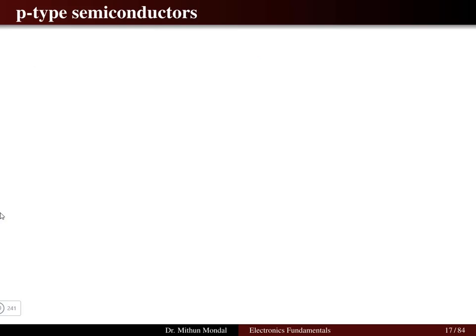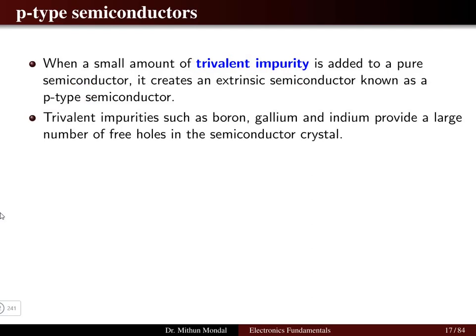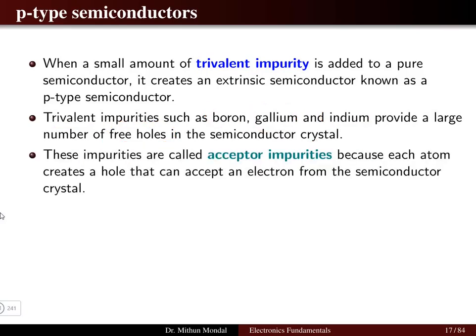Next, we'll see the P-type semiconductor. If the impurity added is trivalent, that is having 3 valence electrons, in the pure semiconductor, then the extrinsic semiconductor formed is known as P-type semiconductor. Trivalent impurity atoms, for example boron, gallium, and indium, produce free holes in the semiconductor crystal. Now, why are these holes formed?